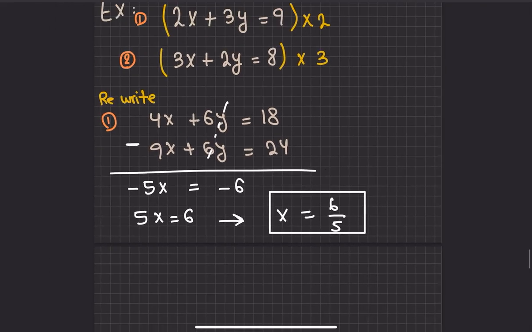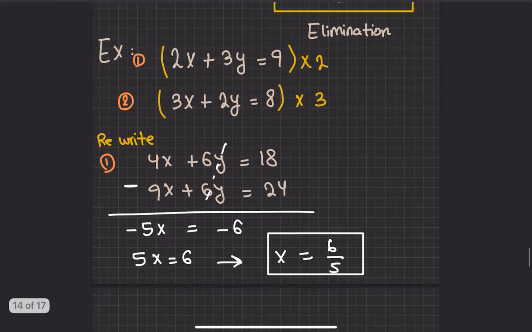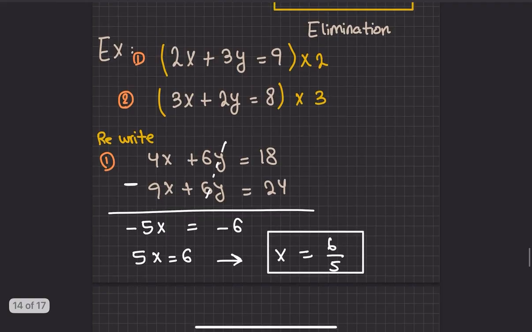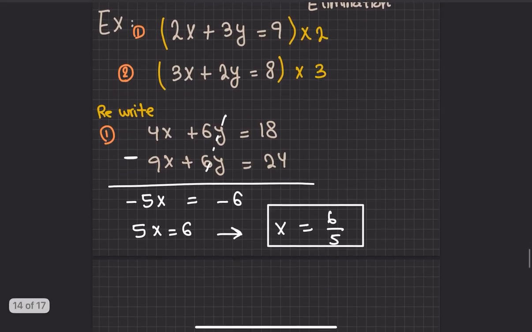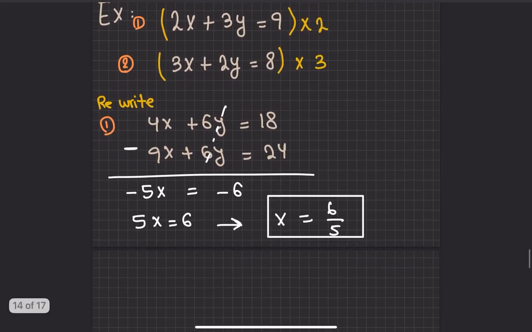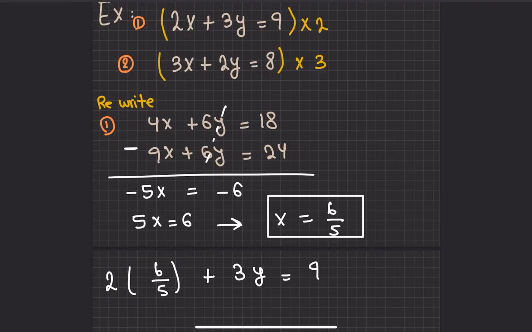I'm going to plug x into one of these two equations in order to find y. I'm thinking of using the first one, it seems easier for me. So instead of x, I'm going to write down 2 times 6 divided by 5 plus 3y equals 9.